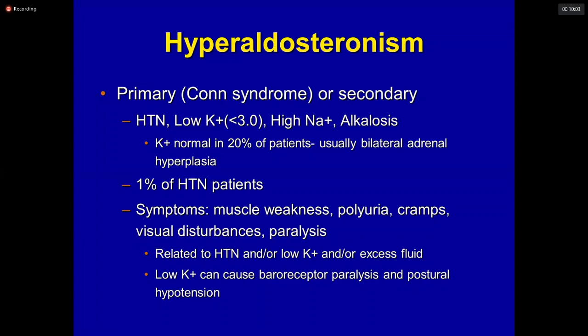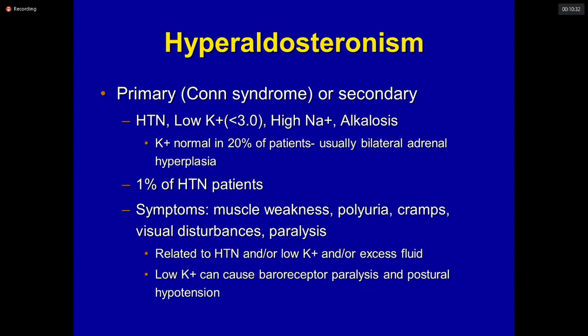Now, this constitutes a good number of hypertensive patients, what we call secondary hypertension. The hyperaldosteronism should be checked in some people who have symptoms associated with hypertension, symptoms related to hypokalemia mainly. These symptoms are muscle weakness, polyuria, cramps, visual disturbances, and paralysis.